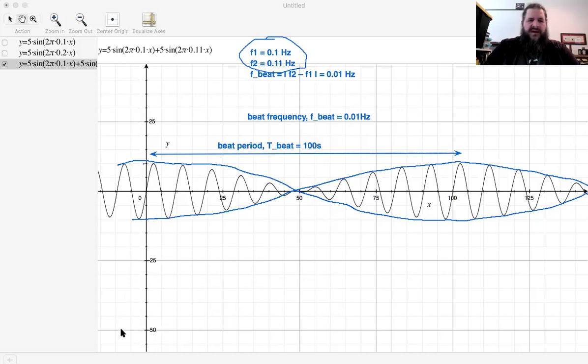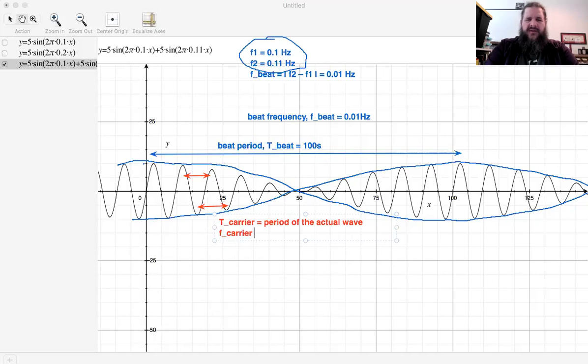As opposed to the carrier frequency, which is just the actual frequency of the sound you hear. Like in this case, if you measure from crest to crest on this wave, or from trough to trough, that amount of time is the carrier period. The carrier period is the period of the actual wave. So the amount of time from crest to crest or from trough to trough of the actual wave itself.